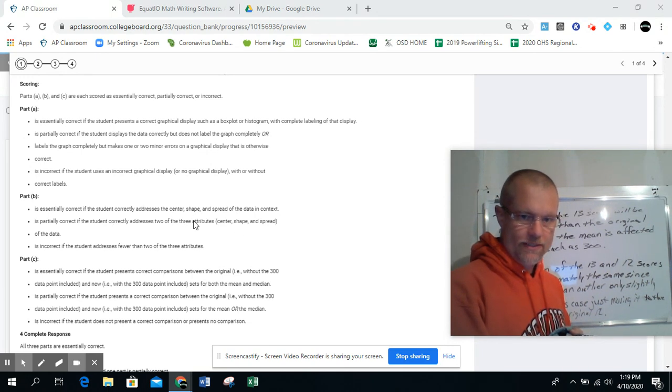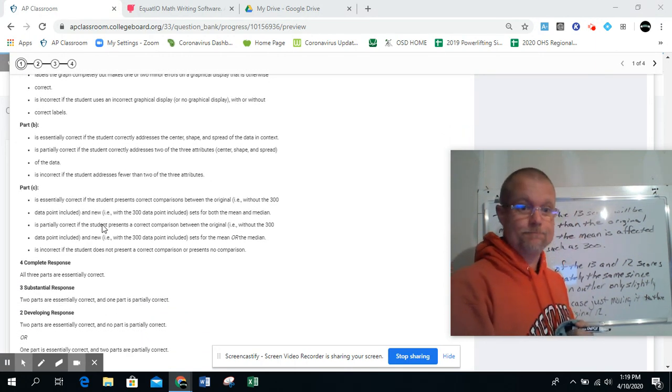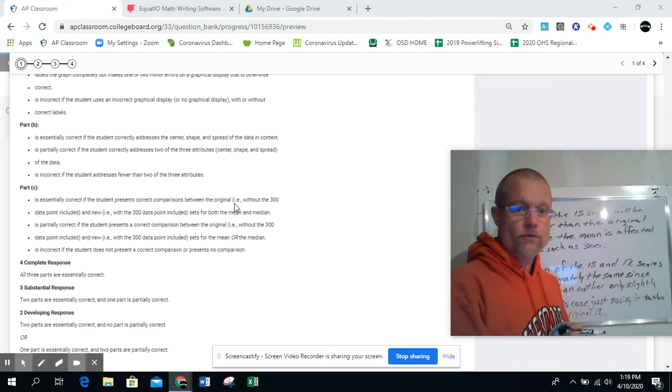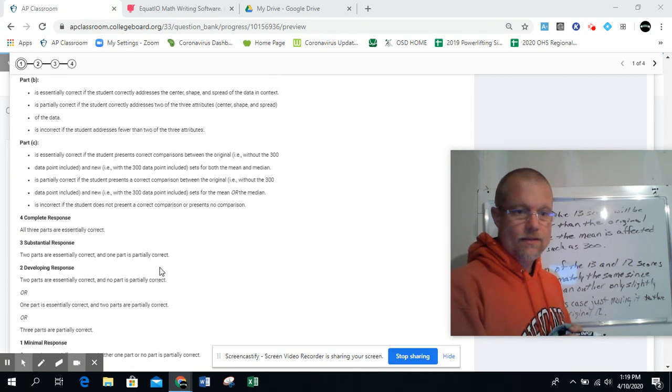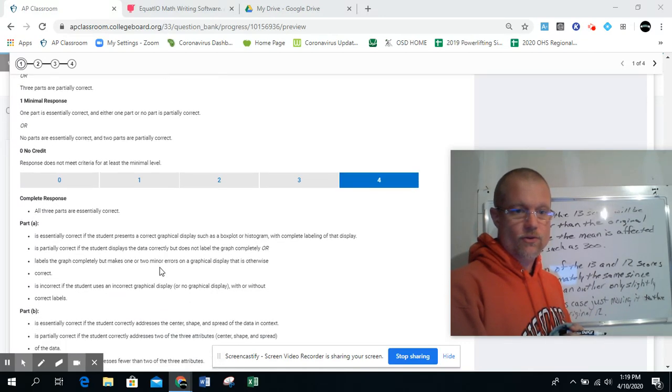Partially correct if you only did 2 of the 3. If fewer than 2, it doesn't get you anything. Part C presents correct comparisons between the original without the 300 data point and the new with the 300 for both the mean and the median. And then, so we talked about both of those, okay? And then this is kind of how you have to score.